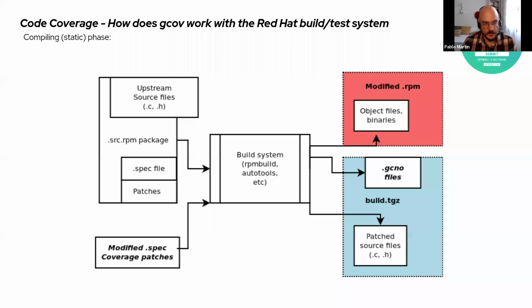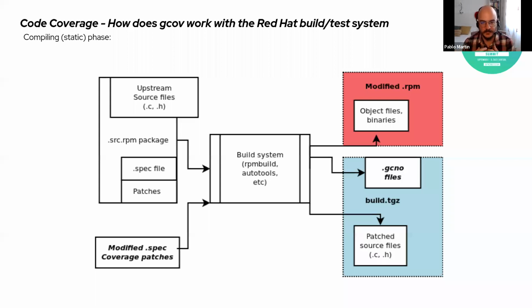And then we call the regular RPM build, which calls autotools or CMake, depending on the build system being used. And we get the modified RPM and the GCNO files. In the GCOV system, GCNO files are the files that contain the information that links the binary object file with the actual lines in the source that they refer to.